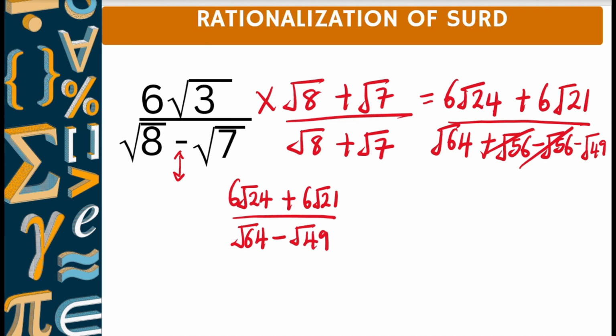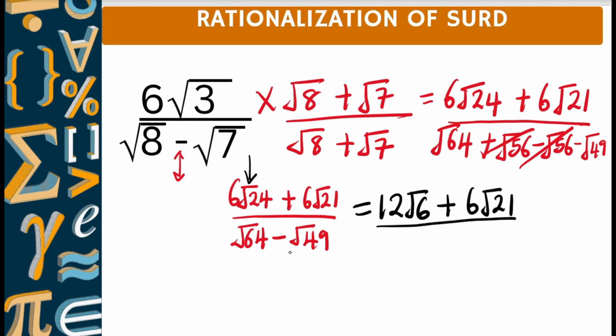So now it's time to solve completely. First of all, I'm going to break down root 24, and that will be 2 root 6. So multiplying with 6, that would be 12 root 6 plus 6 root 21.